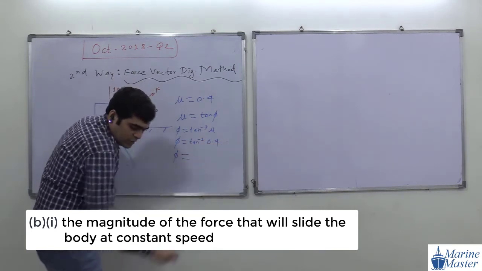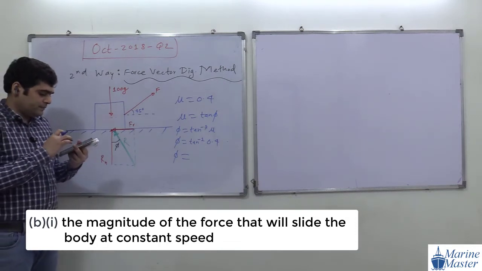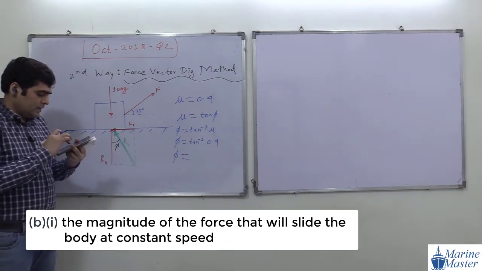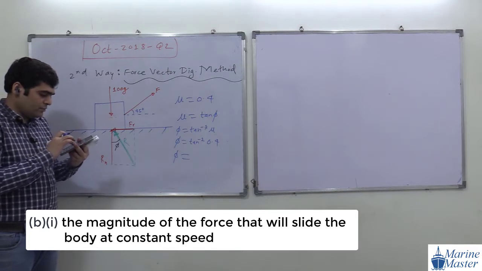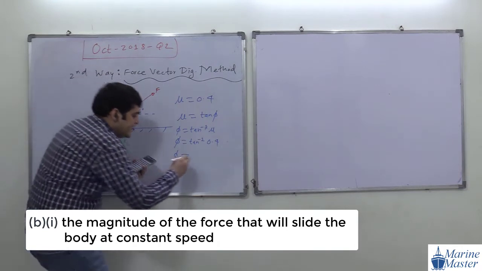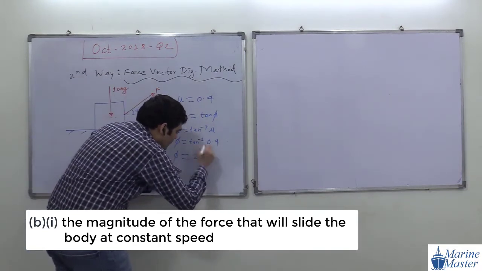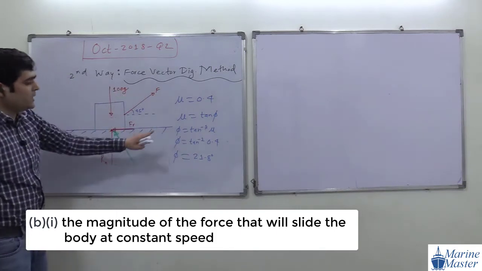So please do this calculation and tell me the value of tan inverse of 0.4. 21.8 degrees. So we got phi.